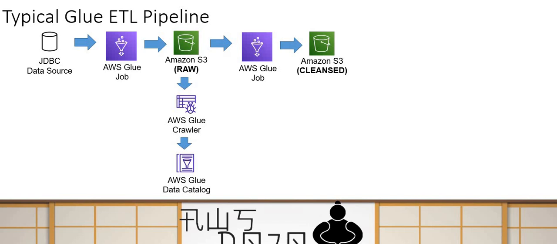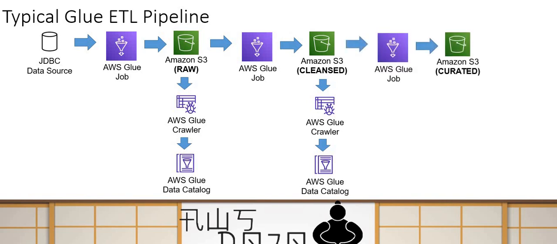But once your data is populated into your cleansed bucket, you then again run a Glue crawler to catalog your data. And finally, you use another Glue job to convert your cleansed data into curated data. You don't always create curated data, you create it only based on the use case.